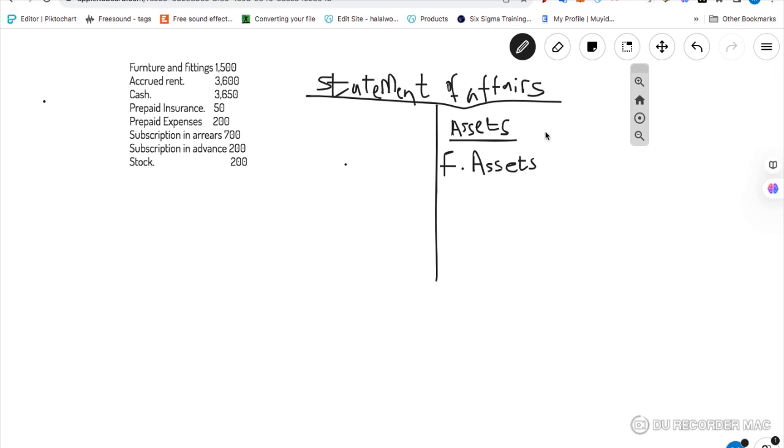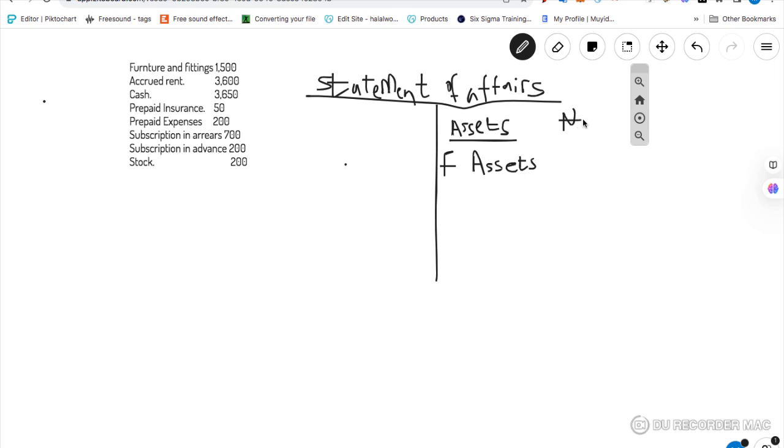So let's put an arrow sign. On the debit side, or the left hand side, we're going to be having, so we don't know that yet.